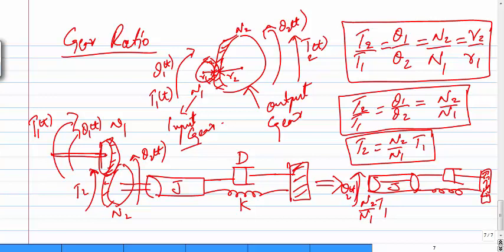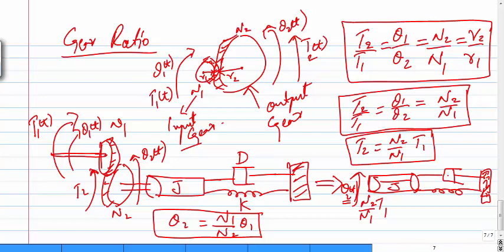This makes things quite easier. And for theta 2 we have to convert this. How do we do that? We do the same thing here. We know that theta 2 is equal to N1 divided by N2 times theta 1. So if we plug in here, we can replace this theta.